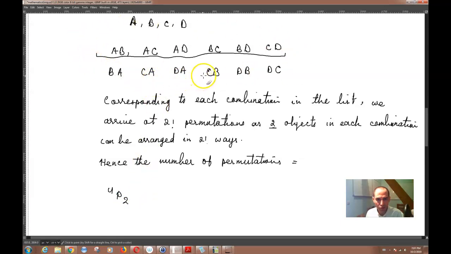And 4 permutation 2 is the same thing as, if I call each of these a combination of the 4 objects taken 2 at a time, that's the same thing as 4 combination 2, and then I have to multiply that by some number, because the number of permutations is clearly some number times the number of combinations, because each of these items would be one possible combination of 4 objects taken 2 at a time, right?